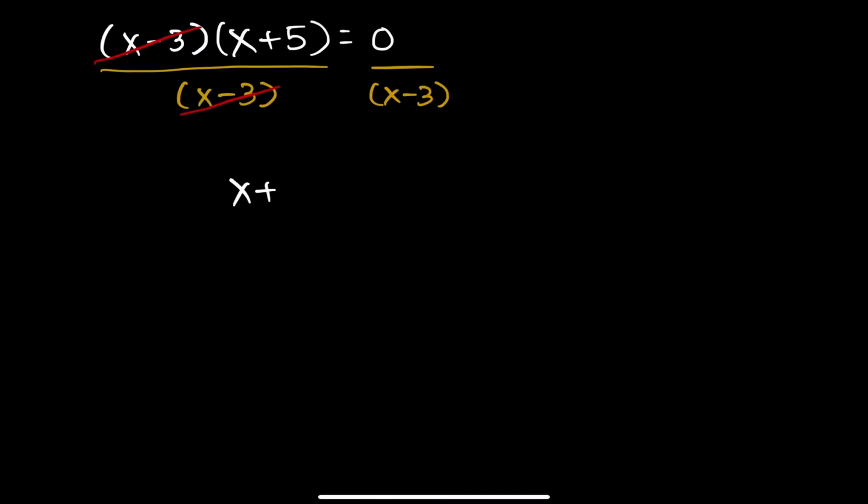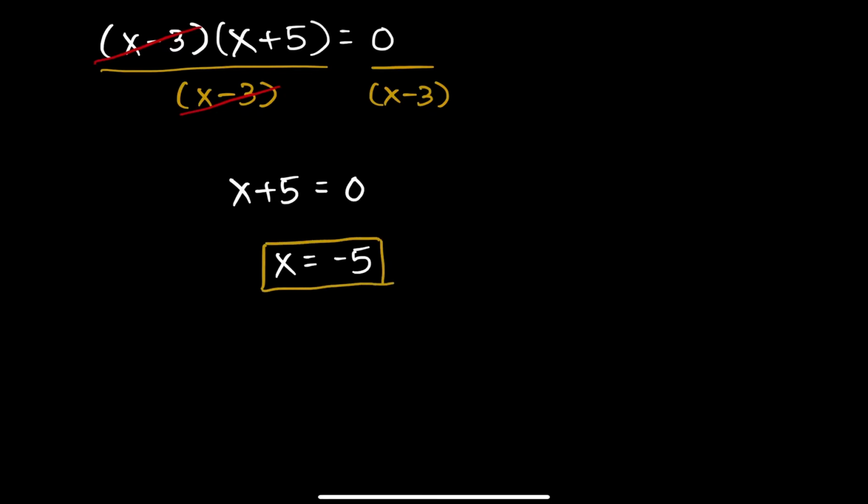So we are left with x plus 5. And 0 divided by anything, well, think about it, 0 divided by anything is just 0. So we are left with 0 over there, right? So now we just subtract 5 from both sides and we get x is equal to negative 5. So this here is one of the answers.